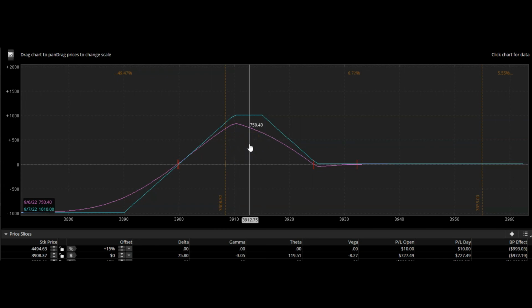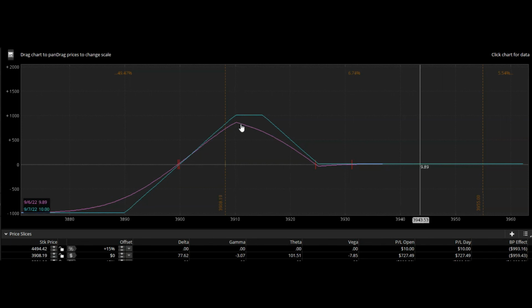Didn't quite get there, but at 3908.55, the 39.25, 39.15 put debit spread is worth its max value, which is $10. And then we have the 39.10 put that we're short. That 39.10 is in the money by about $1.45.